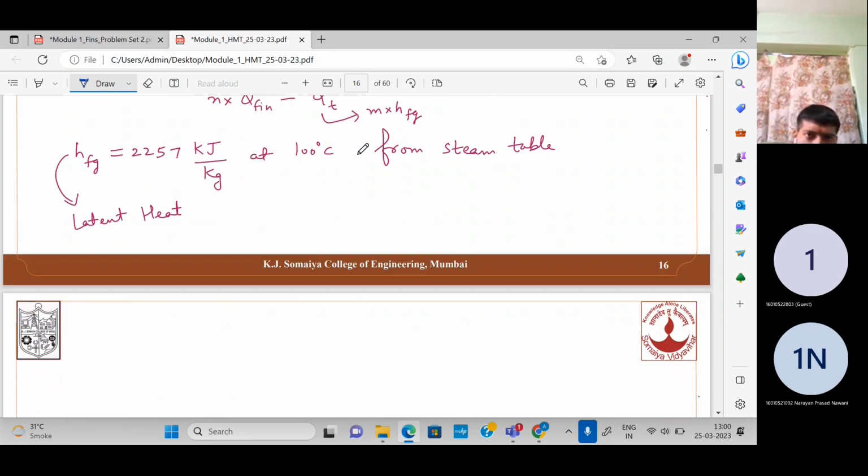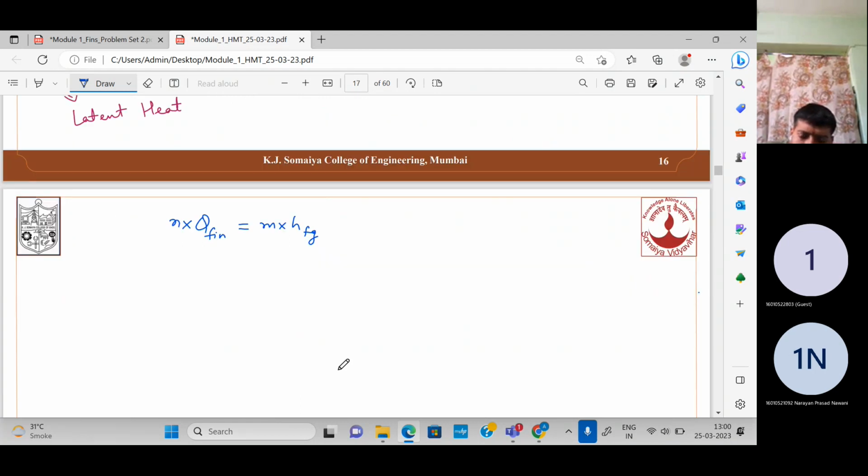So ultimately I can write: number of fins multiplied by heat dissipation from a single fin is equal to mass of steam condensed into latent heat. So number of fins is 25, heat dissipation from a single fin is 229.38.